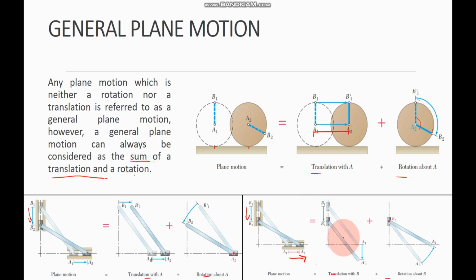So, yung translation na magaganap sa B is downward motion vertically. And of course, imaginary, let us take the position of A1 papuntang A2. So, ito yung magiging translation ng ating particle B or point B. And then also, it creates a rotation about B. So, mag-create siya ng angle now from the original position to the imaginary position ng ating rod AB.